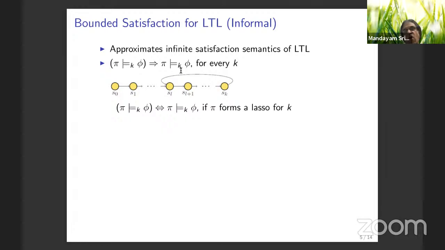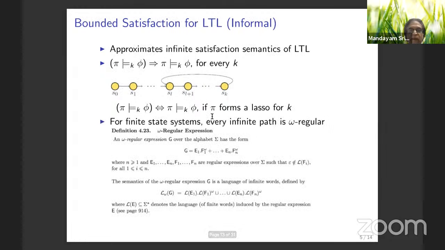So last class we saw how the information about the path being a lasso can indeed be exploited. Because the moment it lassos, then by looking at the tail and the lassoing part, S0 to SL, those two parts, the infinite satisfaction can be reduced into checking some constraints over them, because the infinite path is a repetition of the states from SL to SK, and that's what we will define.